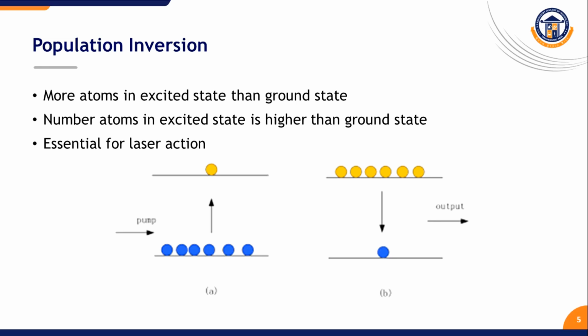But in laser, we make more atoms stay in the excited state than the ground state. This process is called population inversion. If most atoms are in the ground state, absorption will dominate. But if the atoms are in the excited state, then stimulated emission will dominate, and that is what produces the high intensity laser beam of light.